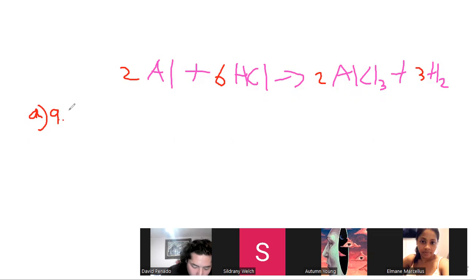Yes, we got to convert it to grams. This is a stoichiometry question. So this is using the ratios. What's the ratio here? 2, 6, 2, 3.